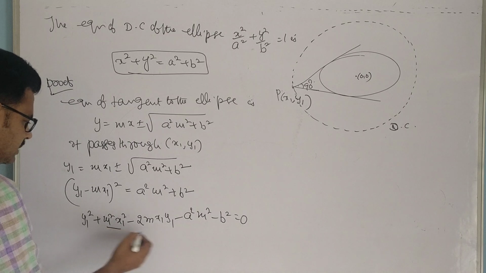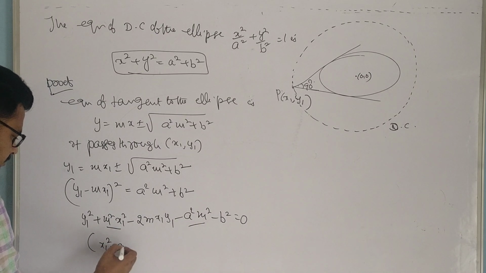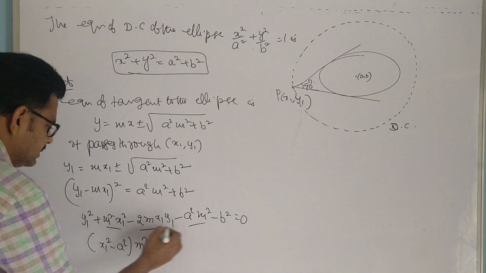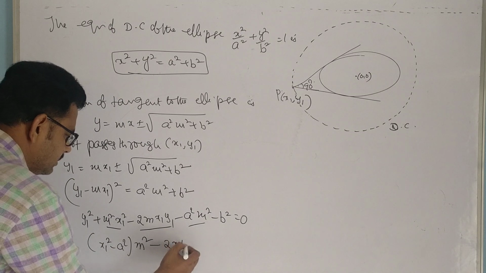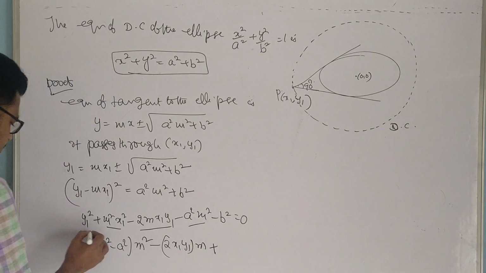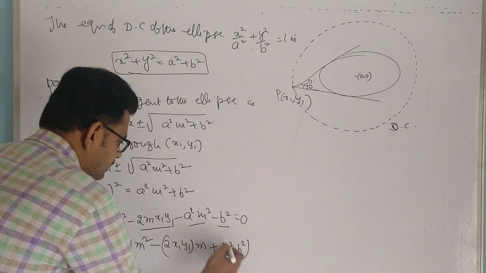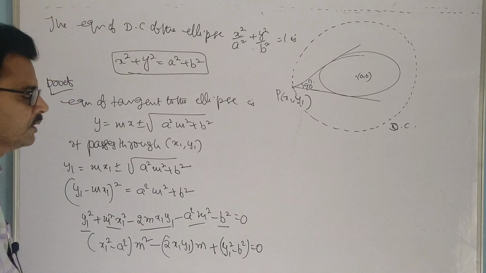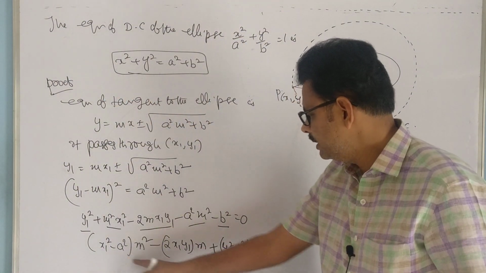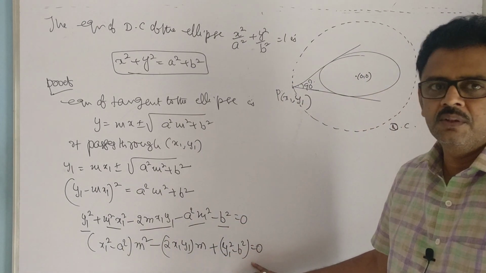So x1 square minus a square into m square, minus 2x1 y1 into m, plus y1 square minus b square is equal to 0. It is a quadratic equation in terms of m, just like am square plus bm plus c equal to 0.